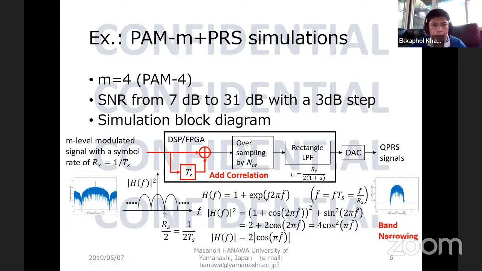This means this PAM, for example the PAM4 PRS signal, also has limited transitions if we make a state transition diagram, or a trellis, for this signal.